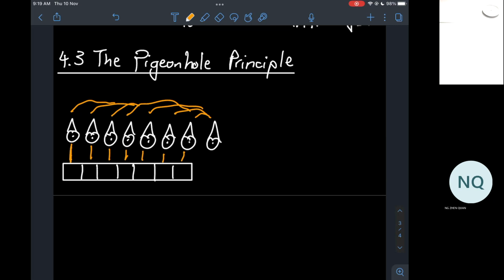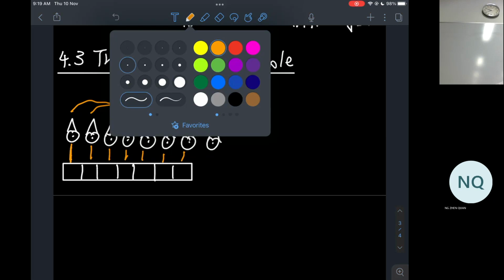So if the number of holes is less than the number of pigeons, then at least 2 pigeons must exist in one hole. So this is the pigeonhole principle. Let me state it here.